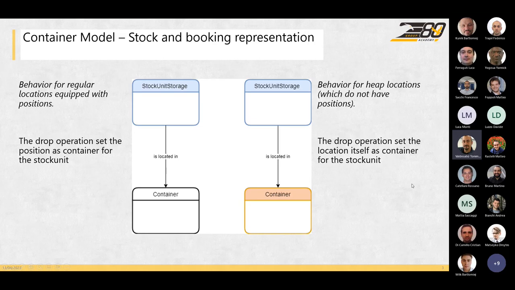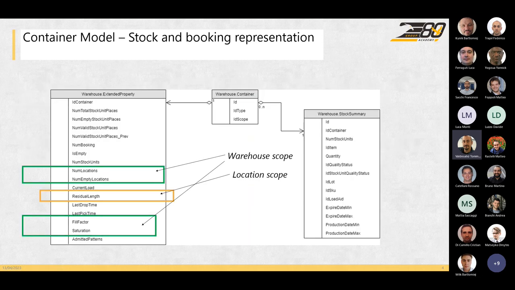So I would like to highlight these changes, and also there is a little change in the property table. The stock summary more or less remains the same, so I don't want to lose time on it.